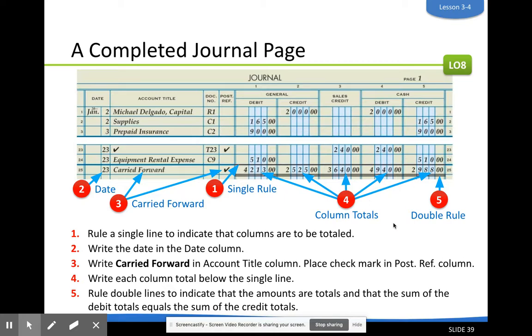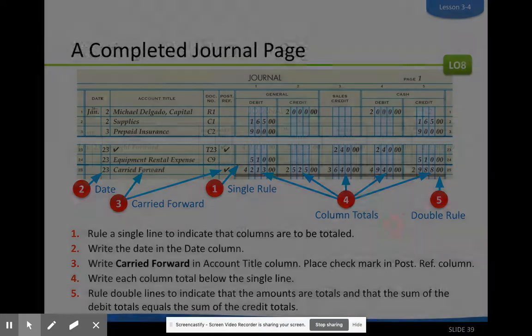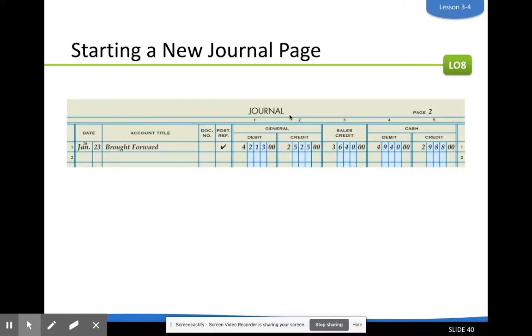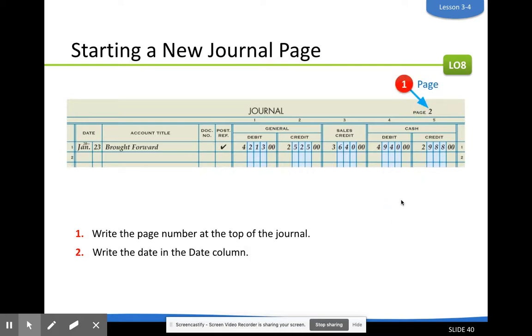Now we're going to take that information over to the start of the next page. So now we're starting a new journal page. So first thing we're going to do is write the page number at the top of the journal. So we were on page 1. Now we're on page 2. Write the date. So same date as we had from page 1.